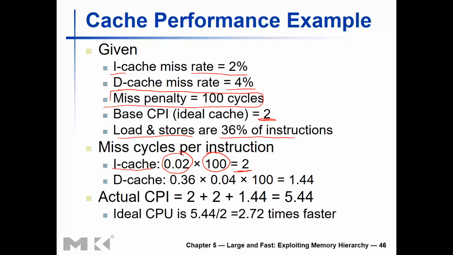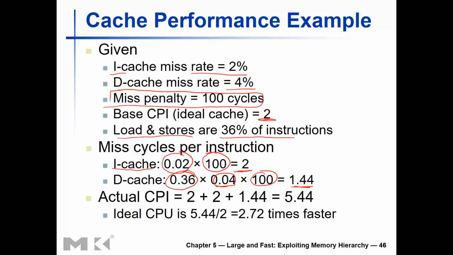Okay. Now, this is per instruction. Now, for the D cache, I multiply the miss rate times the miss penalty of 100, but not all the instructions are memory accesses. Then I multiply it by this frequency, and I'll get 1.4.